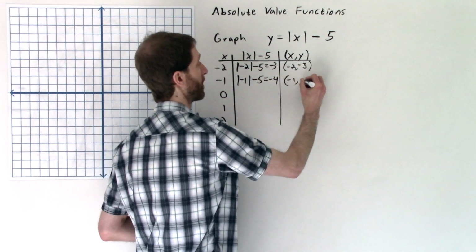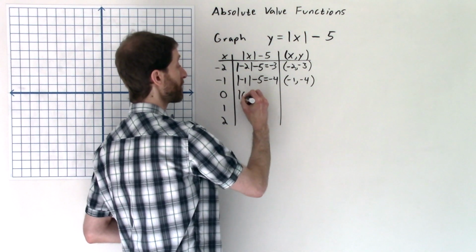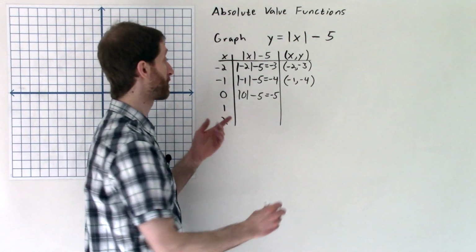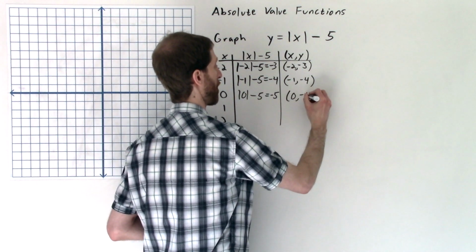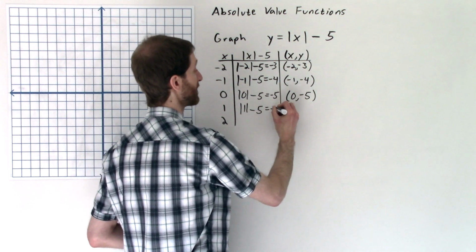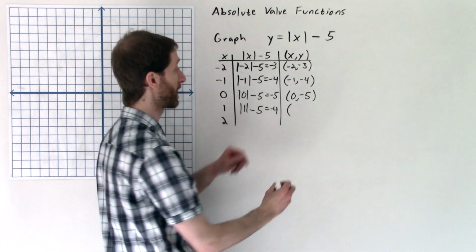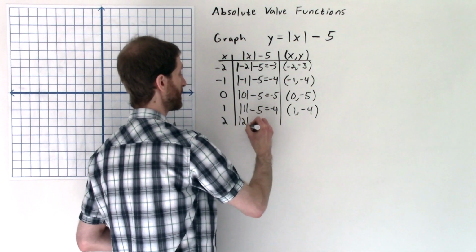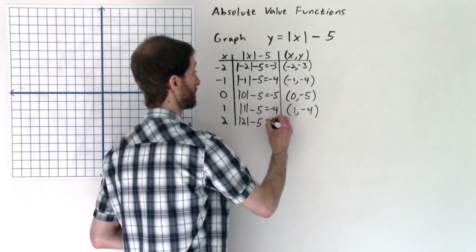That's the point -1, -4. The absolute value of 0 is 0, minus 5 is -5. So that's the point 0, -5. The absolute value of 1 is 1, minus 5 is -4, so you get the point 1, -4. And finally, the absolute value of 2 is 2, minus 5 is -3.